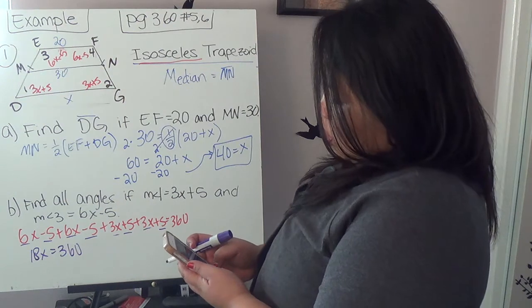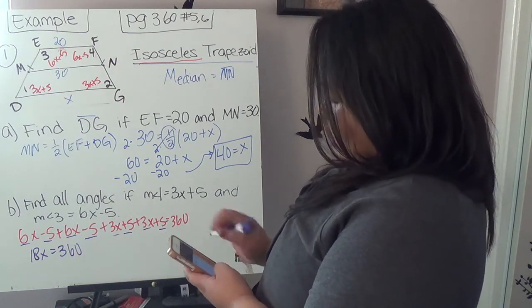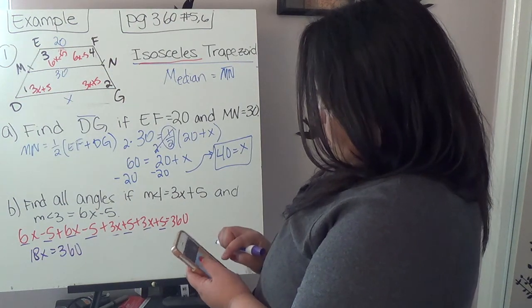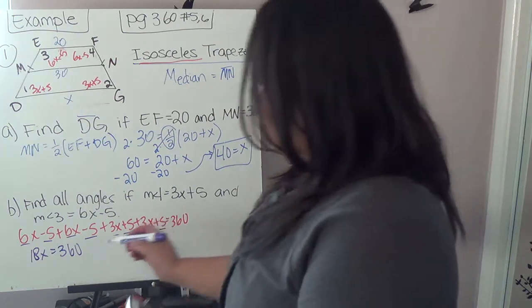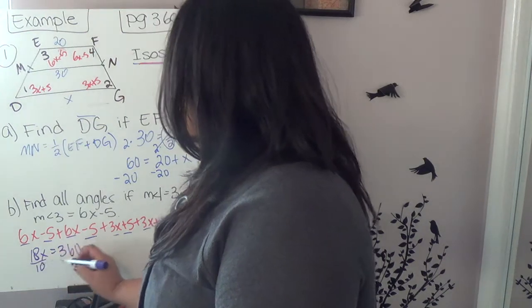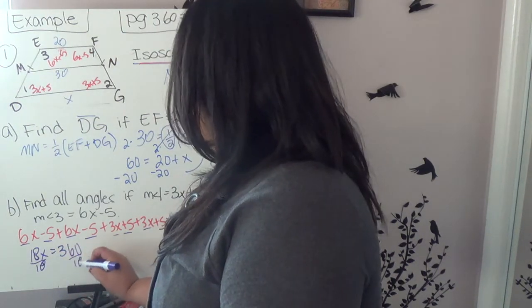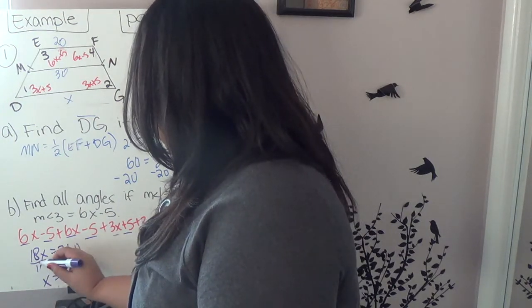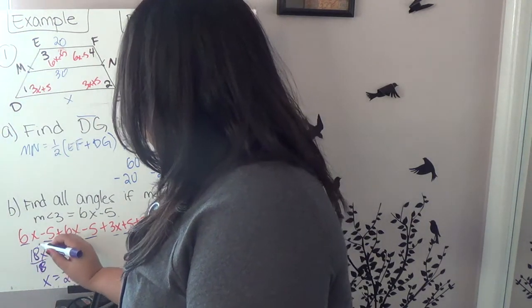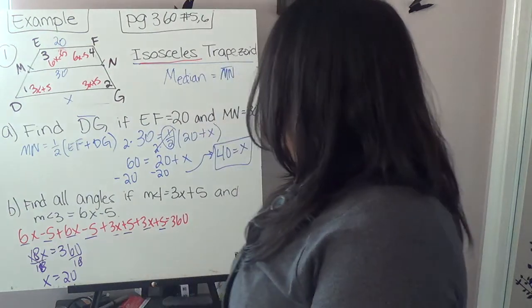So then we're going to divide both sides by 18. These cancel out, and I get x equals 20.